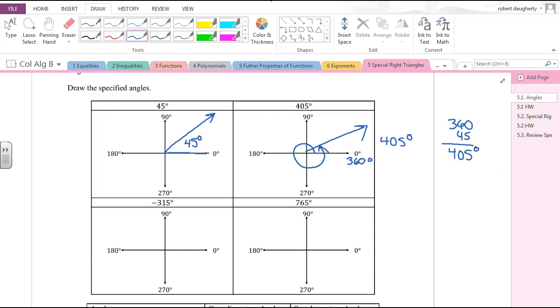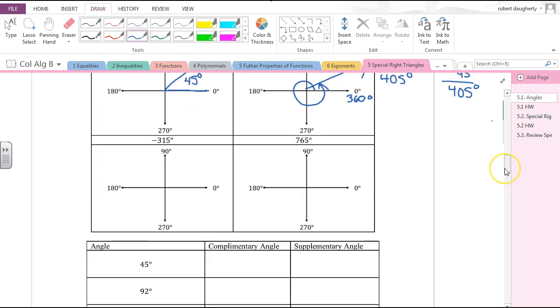What about a negative 315-degree angle? Okay, I start here, but which way do I go? I go clockwise. So when I get here, that's negative 90, right? When I get to here, I've gone to negative what? 180. When I get up to here, that's negative 270. When I get back over to here, that's negative 360. But I've gone too far, right? So negative 90, negative 180, negative 270.